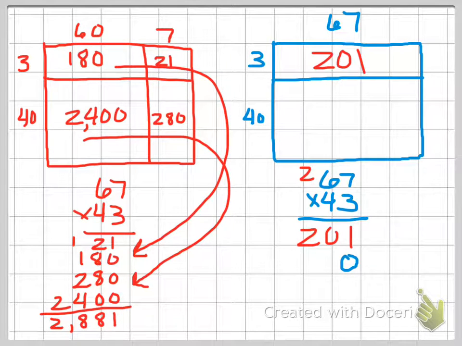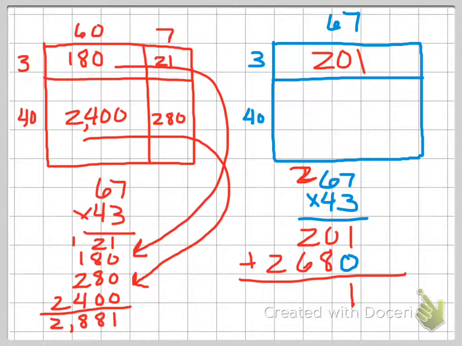Now for the second rectangle, 40 times 67. 4 times 7 is 28. Put in my 8, carry the 2, and 4 times 6, 24, plus 2, 26. And then I'm just going to add.